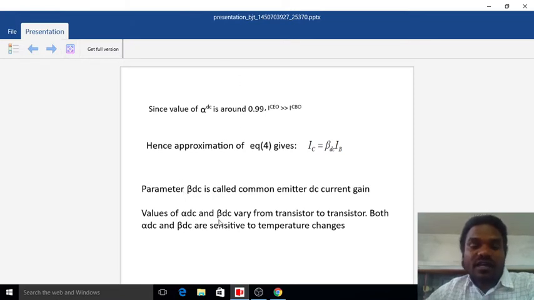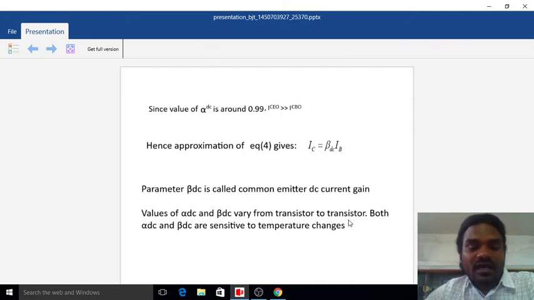Values of alpha and beta vary from transistor to transistor. Both alpha and beta are sensitive to temperature changes. That means if the temperature changes, the value of alpha and the value of beta can also change. These current gains, in the common base configuration and common emitter configuration, can change with temperature, and they are also affected by aging.